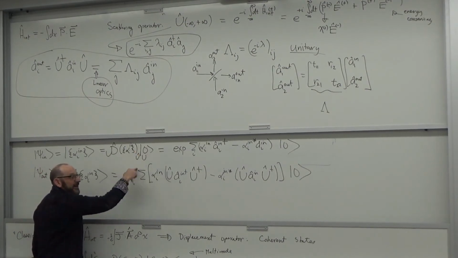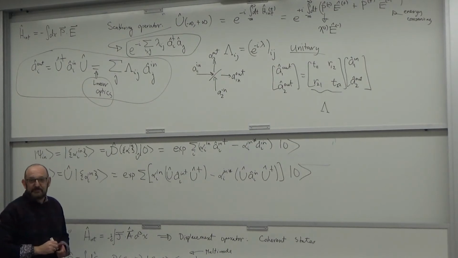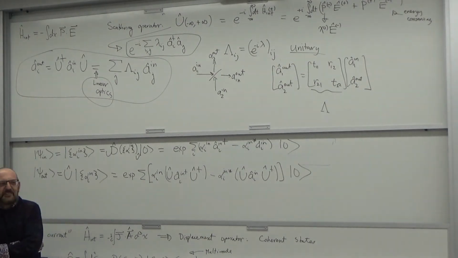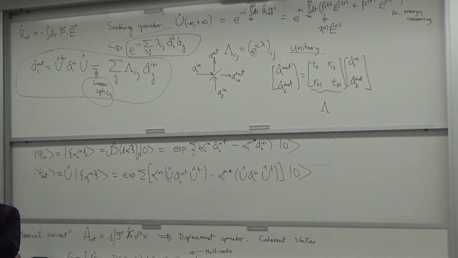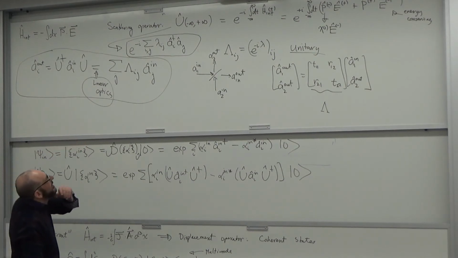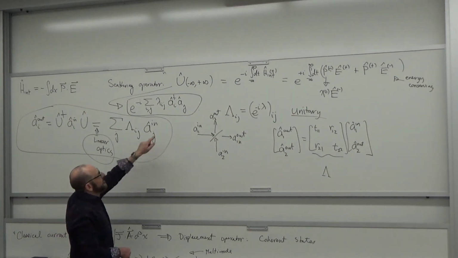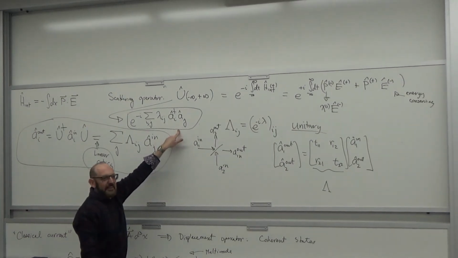The U acting on the vacuum does nothing. Why is that? Why is the U on the vacuum doing nothing? Well, if I look at how that unitary operator, wherever it is, it's over there, this acts on the vacuum, does nothing, leaves the vacuum alone, right?